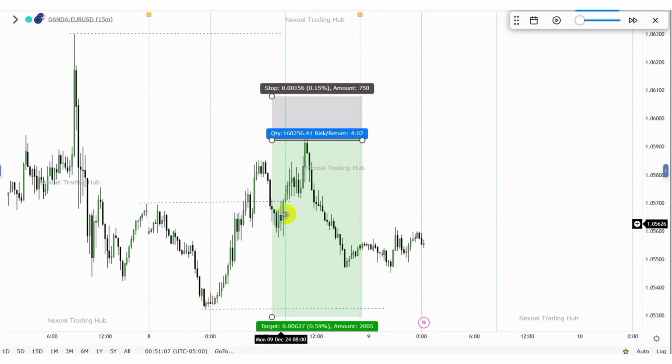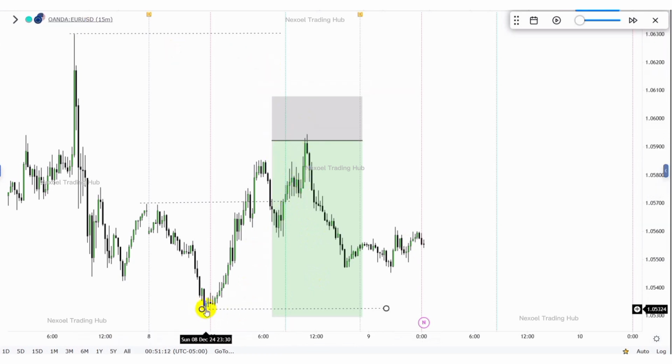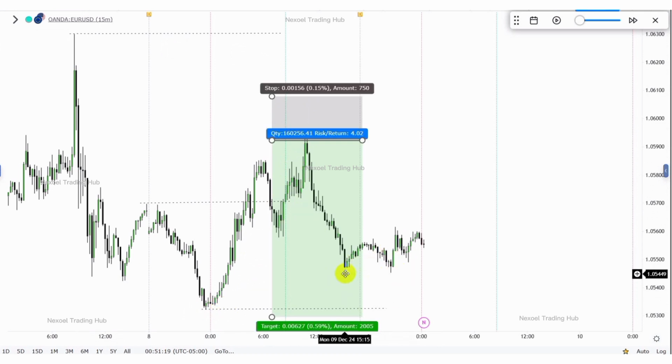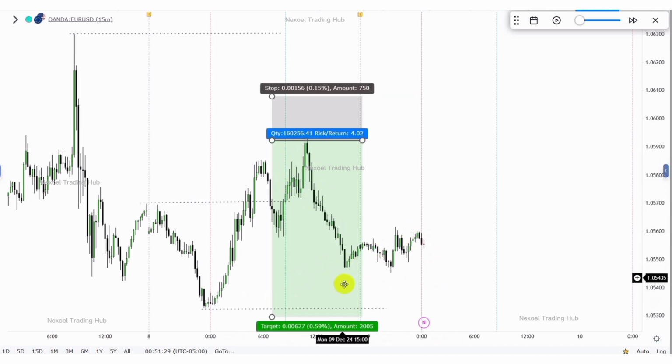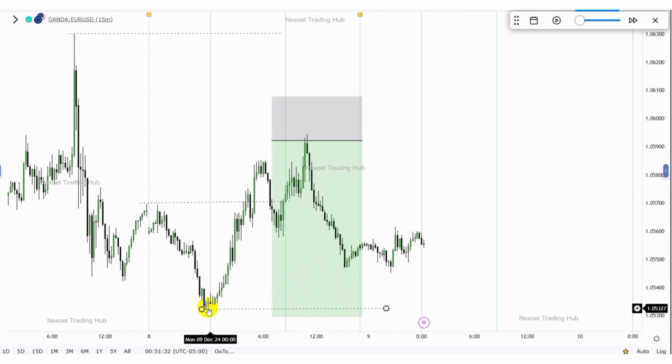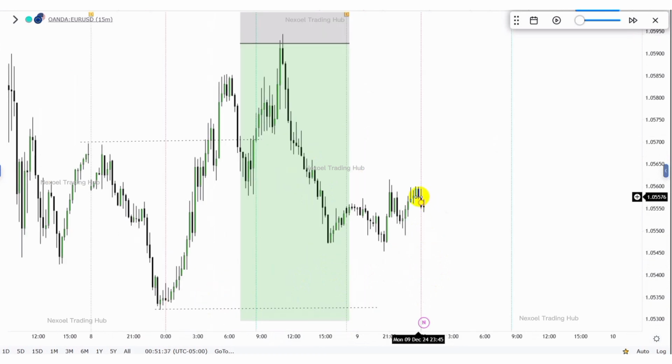So since we can see that price is not trading towards the buy side, then we should know that price is being drawn to the sell side, to the previous day low points. And what you can see is that these have built up another liquidity to the downside, another sell side liquidity. So we're expecting to see further bearish move, even though this particular day did not raid out the previous day low points.